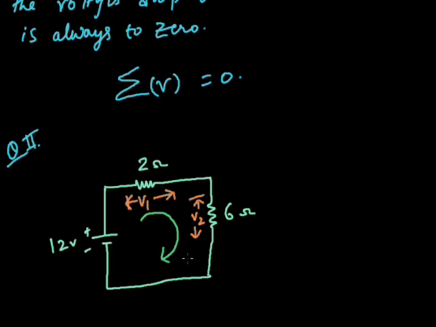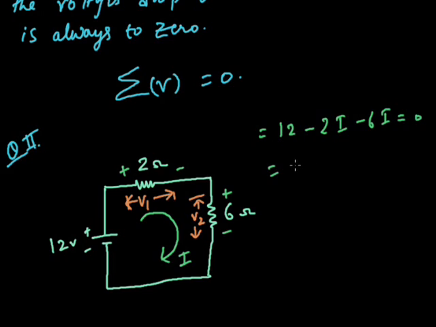This is the direction of current we have assumed here, and now we can write the equation by using the KVL. This will be 12 minus, this is the plus terminal, this is the minus terminal, and this is the plus terminal, this is the minus terminal. So we can write 12 minus 2 into I, minus 6I is equal to 0.